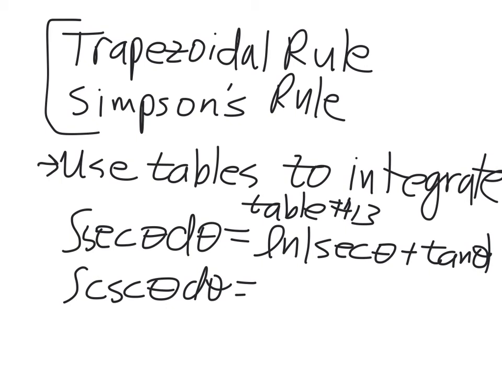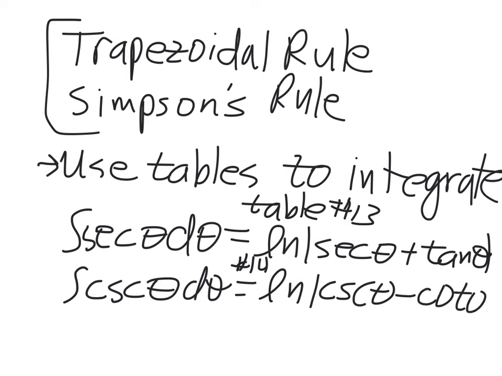Cosecant theta, well, number 14, looks very similar. Cosecant theta minus cotangent. And then, of course, don't forget the plus c on the end of any antiderivatives, indefinite integrals.